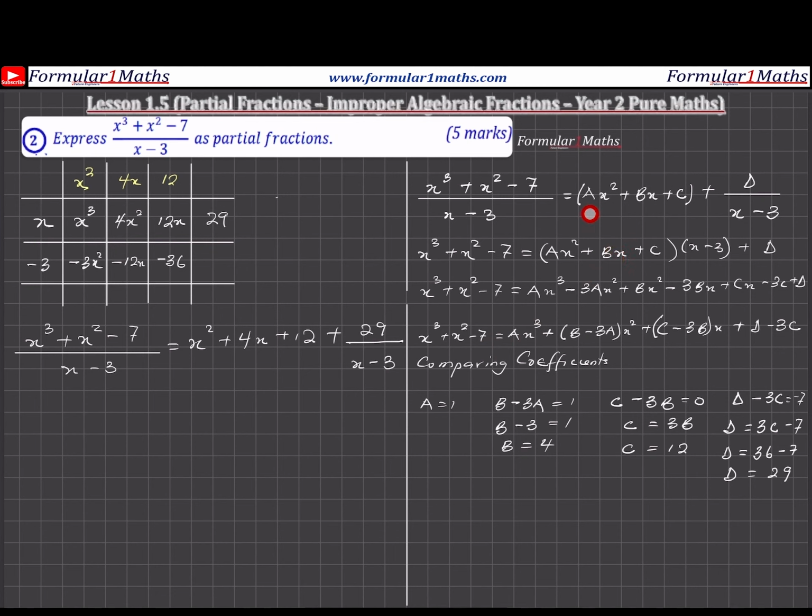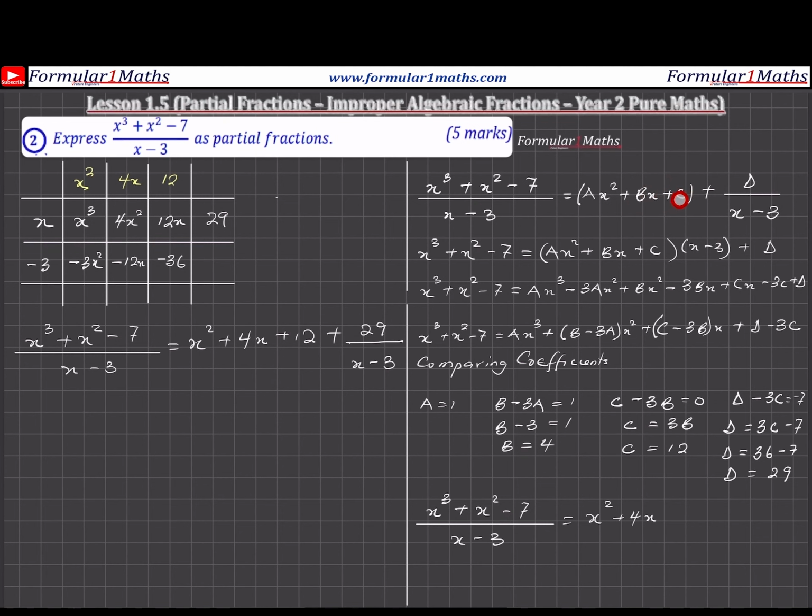So I can just write my equation here as follows. a we've got to be 1. So x cubed plus x squared minus 7 all over x minus 3 is equal to, a was 1, so I get x squared. And b is 4, so I have 4 times x, so 4x.